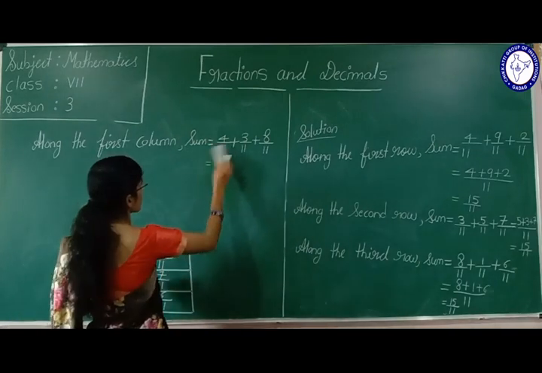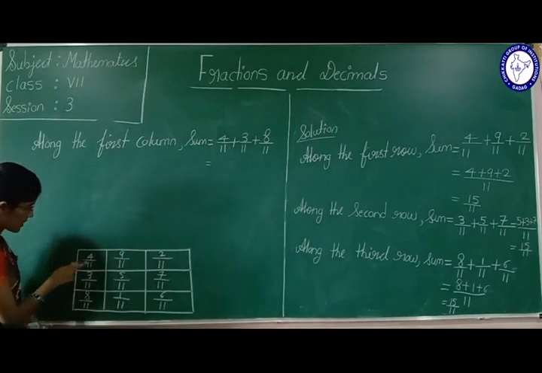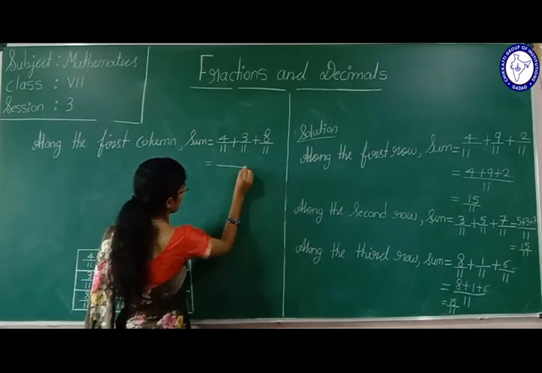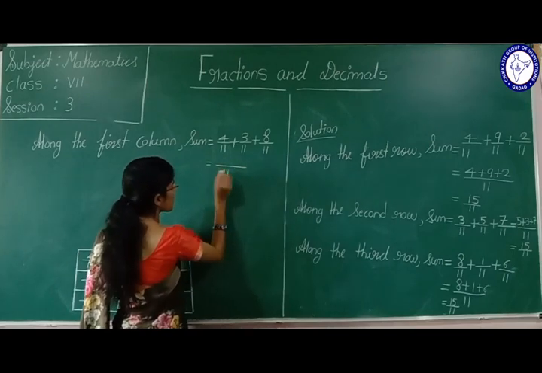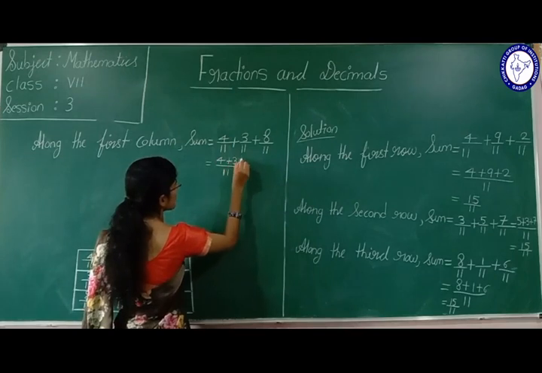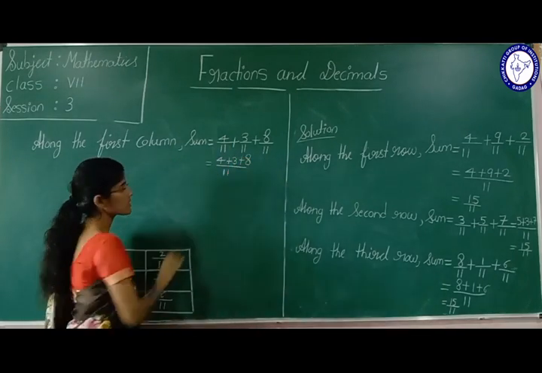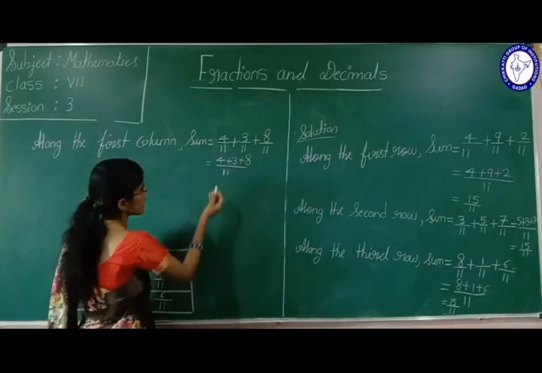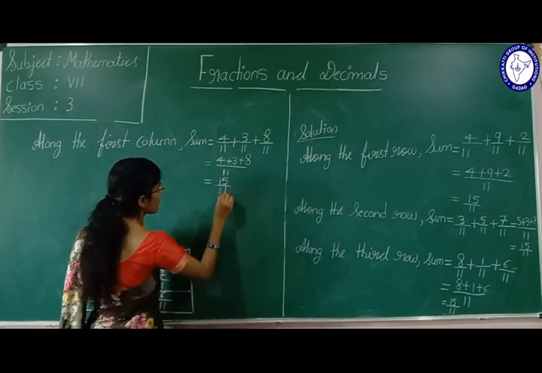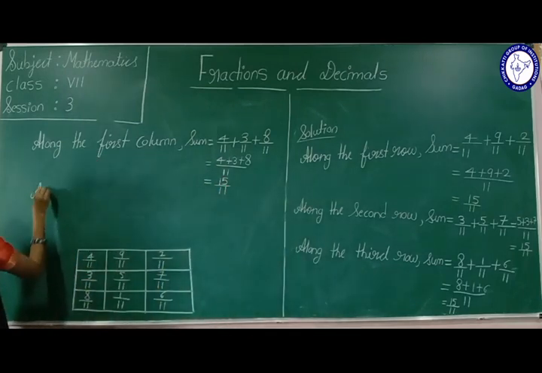Sorry, it is 4 by 11, right? See, denominator is 11. Now we will add the numerator. 4 plus 3 plus 8. 4 plus 3 is 7. 7 plus 8 is 15. 15 by 11.